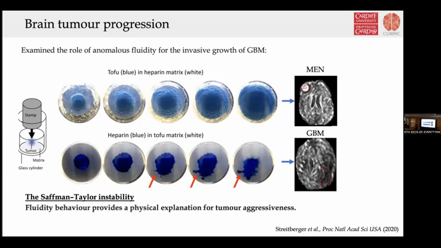So overall, this fluid behavior induced by different ECM compositions in normal and abnormal brain tissue seems to provide an elegant physical explanation for the highly different invasiveness of these two different tumor types.